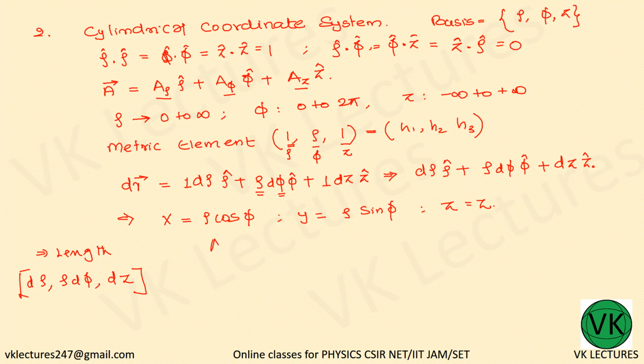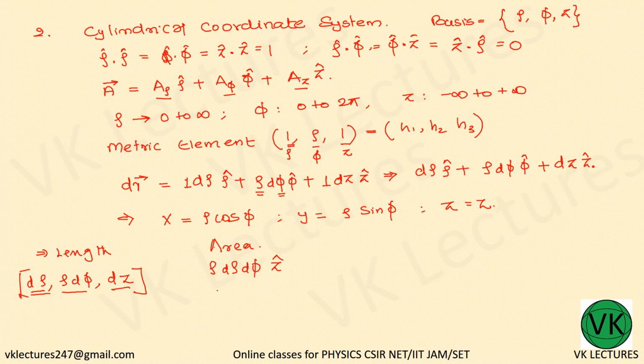Now the area element is just the product of two, so it is d rho into rho d phi, and you have to also write down the vector, that is z cap.